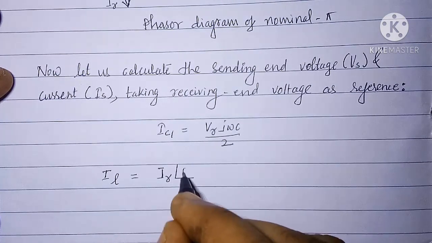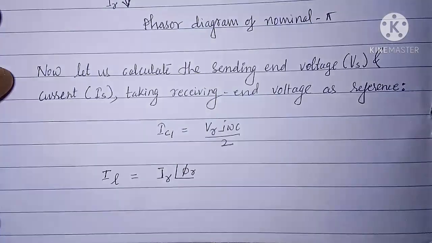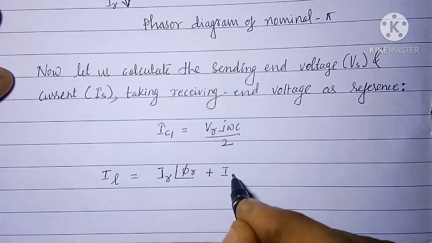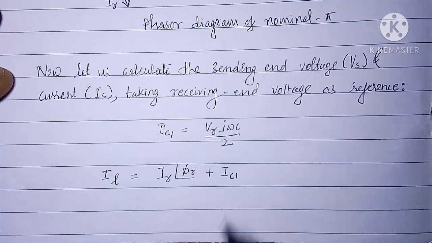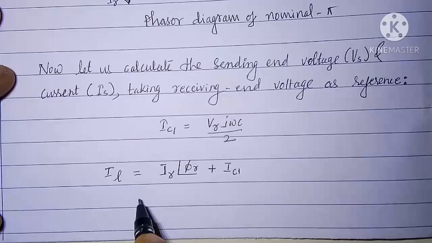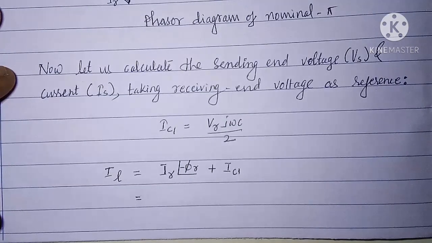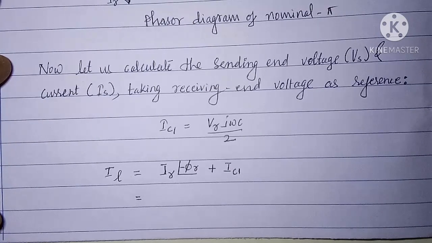IR at an angle of phi r, where phi r is phase angle of the receiving end current, plus IC1. Here we will show minus sign because lagging power factor we have considered.